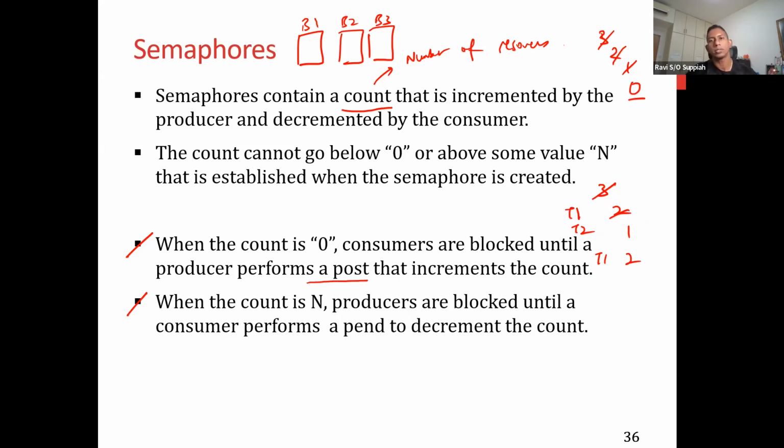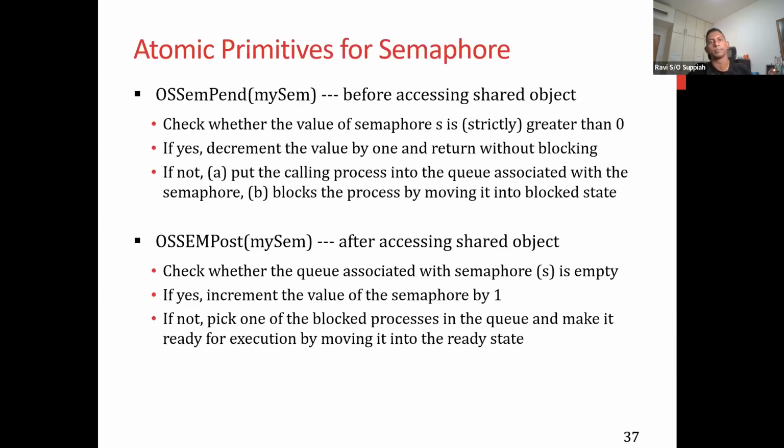So the whole idea of semaphore is you are managing a group of resources. As and when tasks require resources, they can acquire a semaphore, and when they're done, they release the semaphore. That is done using these 2 functions, OSSemPend and OSSemPost.